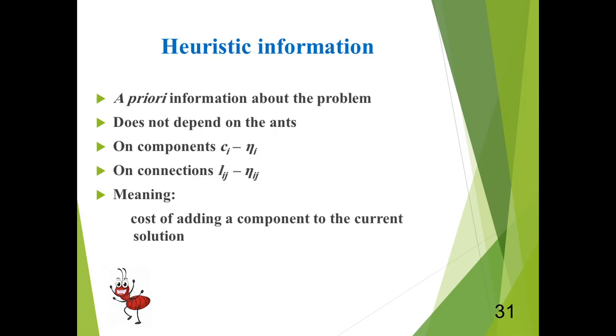Heuristic information is a priori information about the problem, does not depend on the ants, on component Ci and on connection Lij, meaning the cost of adding components to the current solution.